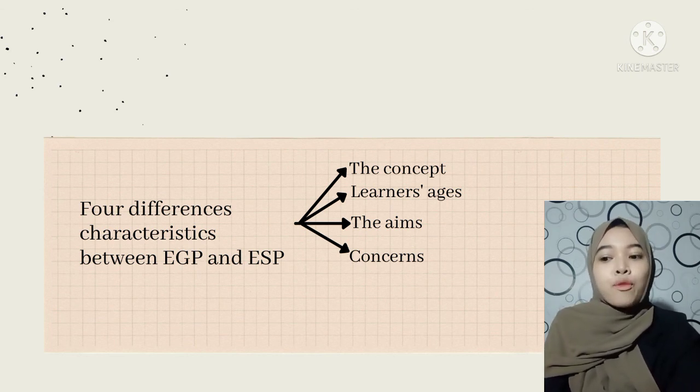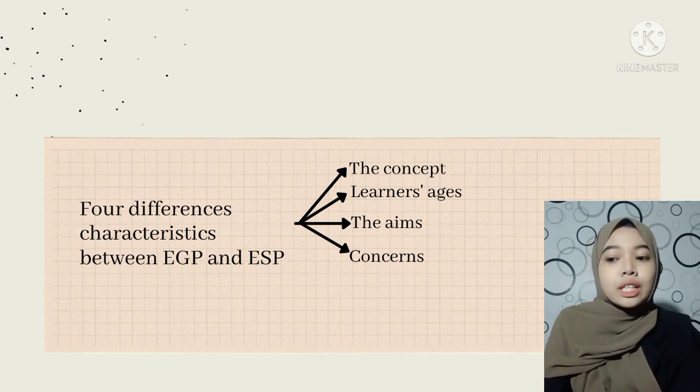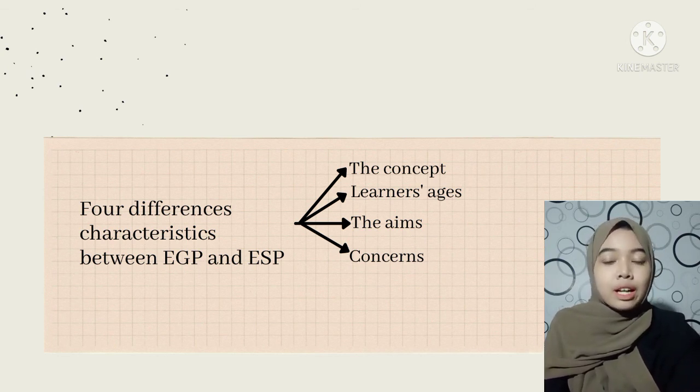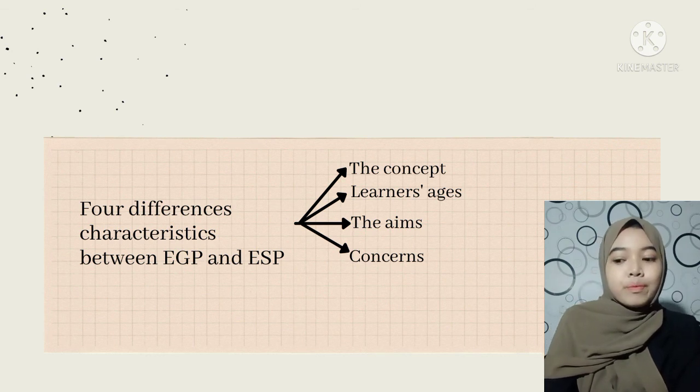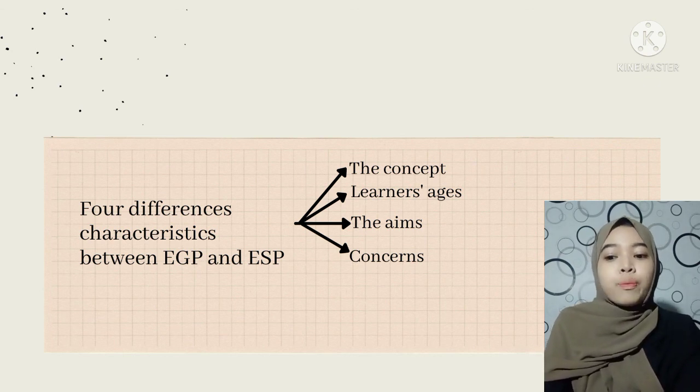The aim of EGP is to improve the overall English competence involving a range of skills. It covers content like writing, reading, speaking, and etc. But the aim of ESP is to find the needs of particular learners.